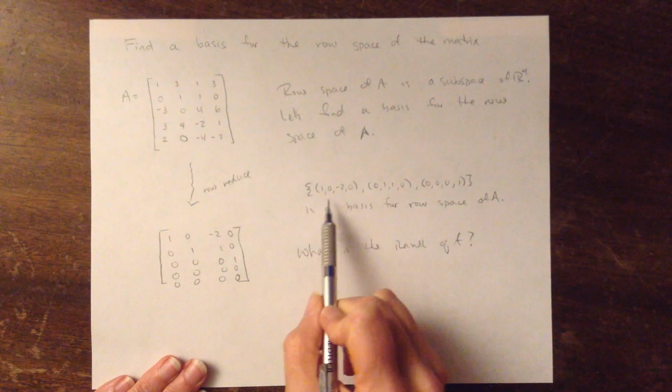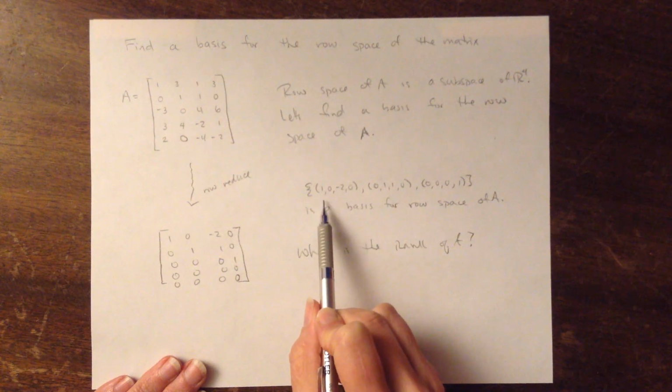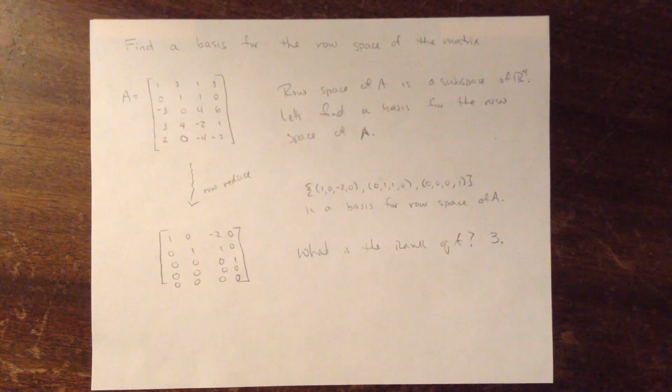The rank of A is the dimension of this row space, which is the number of vectors in the basis, which is 3.